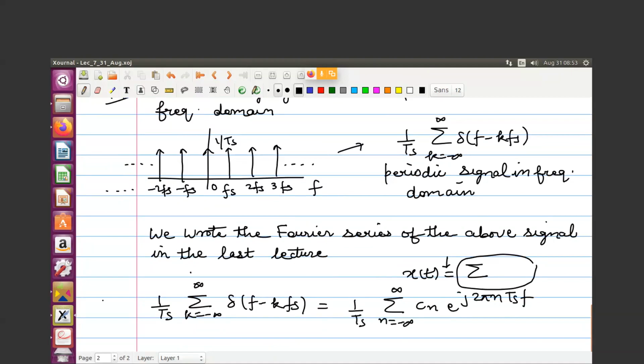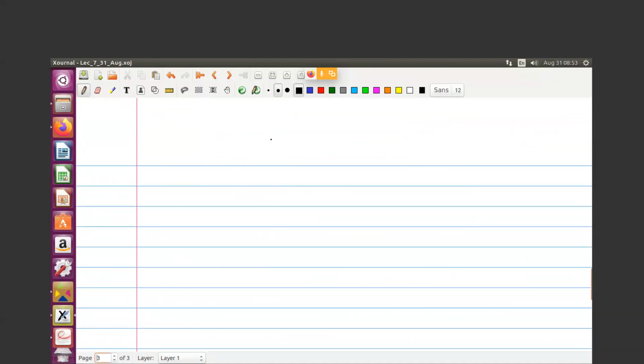Now why this n Ts f? One thing to remember is that if I take you to the Fourier series concept, x of t, let us say, is the periodic signal. So here this was going from minus infinity to infinity, c of n e raised to power j 2 pi f naught t. Or if you remember, it's j n omega naught t.